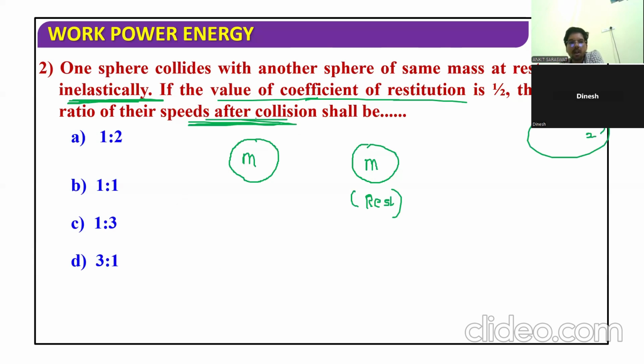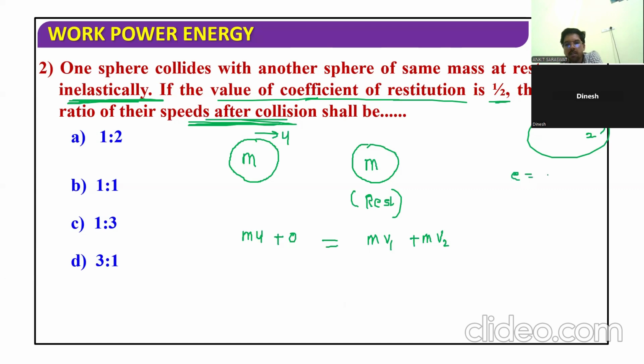Is it moving with velocity U? Initial momentum is 0. After collision, it has velocity V1 and the other V2. They are asking E is given as half.